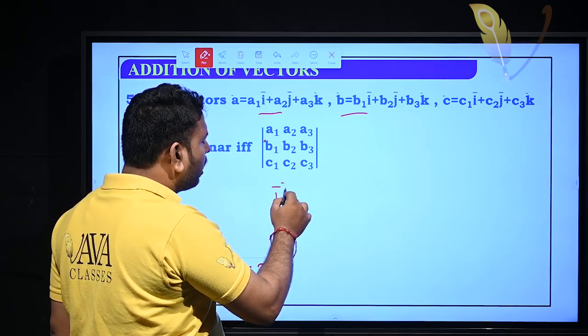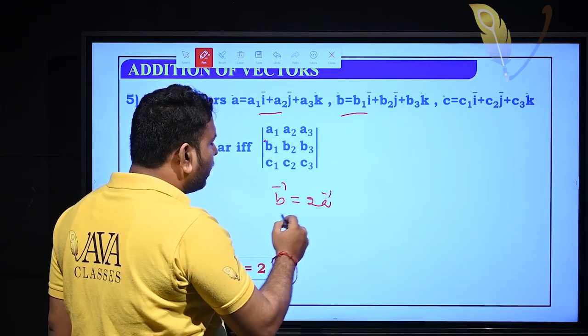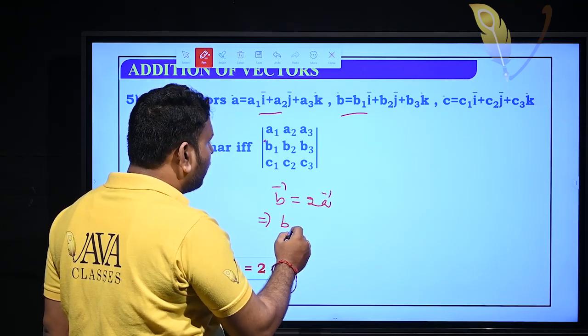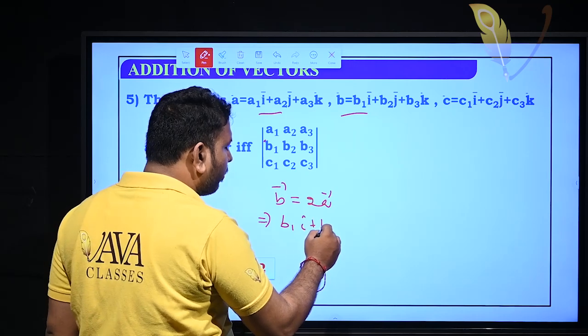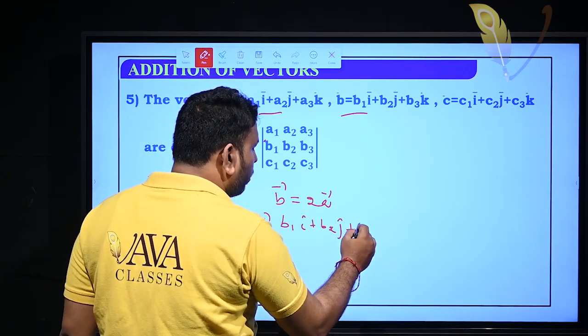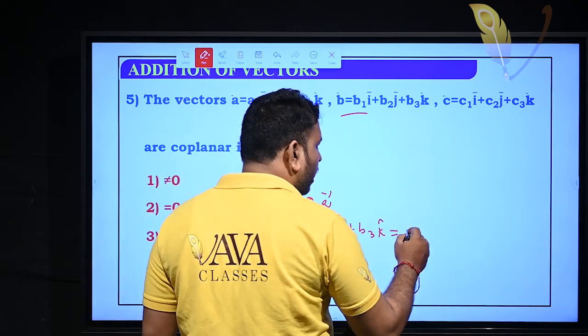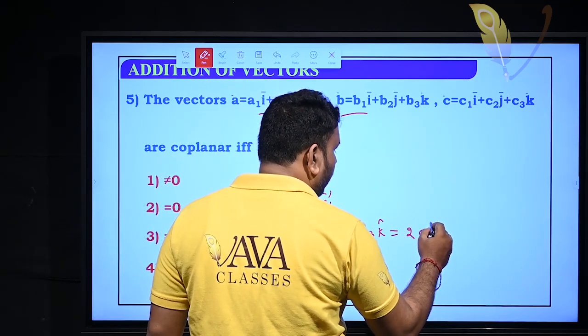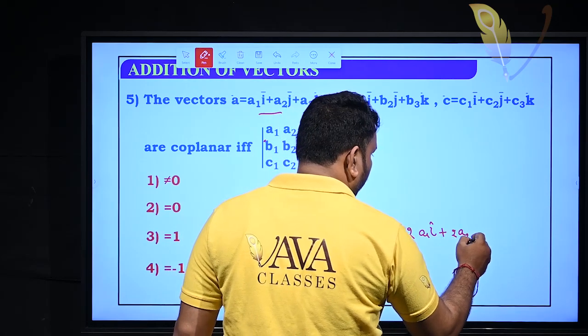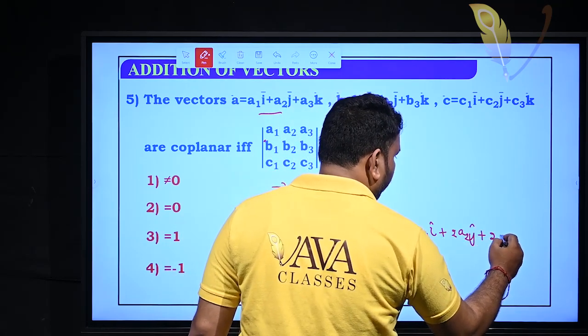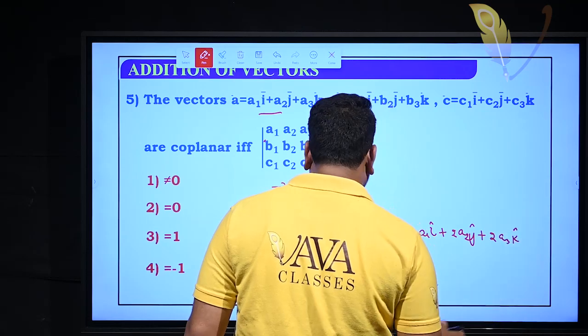Suppose the B vector equals 2 times the A vector. That implies B1 i cap plus B2 j cap plus B3 k cap equals 2 times A1 i cap plus 2 times A2 j cap plus 2 times A3 k cap.